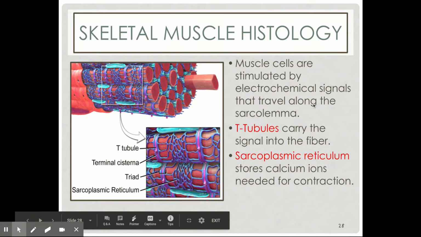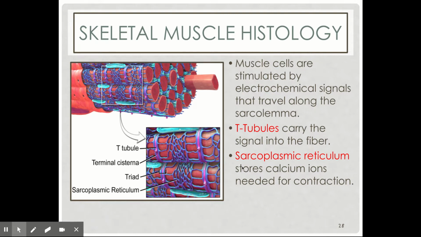These are going to travel along the sarcolemma, or the cell membrane. There's some terminology that you need to know as far as how these signals travel. But basically, you have your T tubules, and these will carry the signal into the muscle fiber. So you can see your T tubules here, and they are going to be pink.